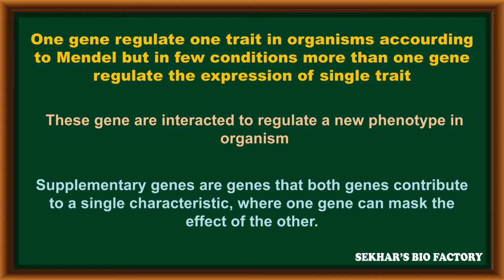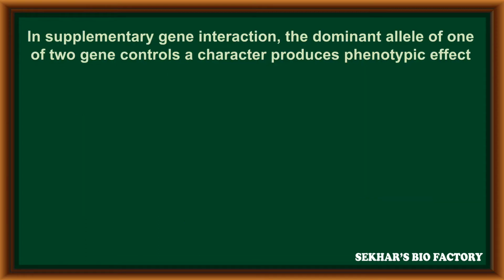Supplementary genes are genes where both genes contribute to a single characteristic, where one gene can mask the effect of the other gene. In supplementary gene interaction, the dominant allele of one of two genes controls a character and produces its phenotypic effect.